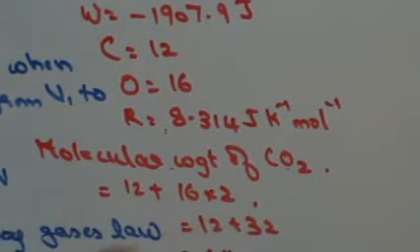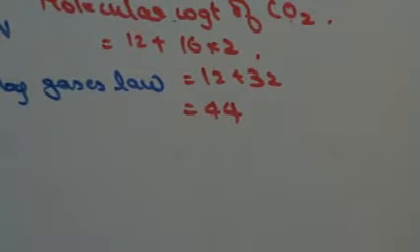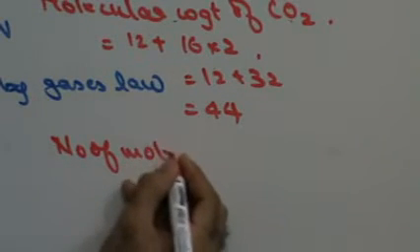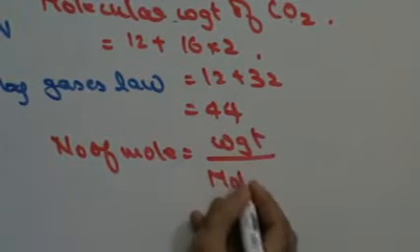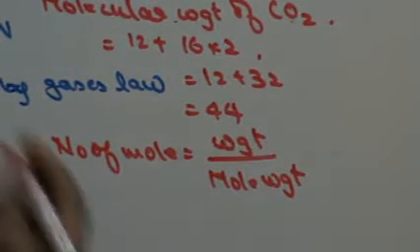One carbon and 2 oxygen, therefore that's how 44. Once you have this, number of moles is nothing but weight upon molecular weight.